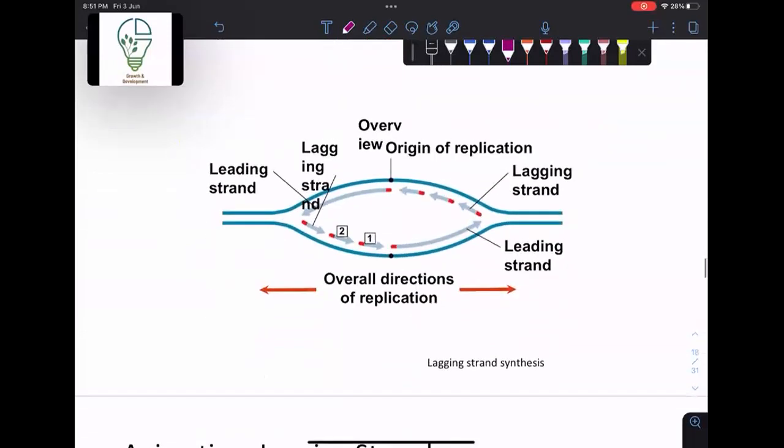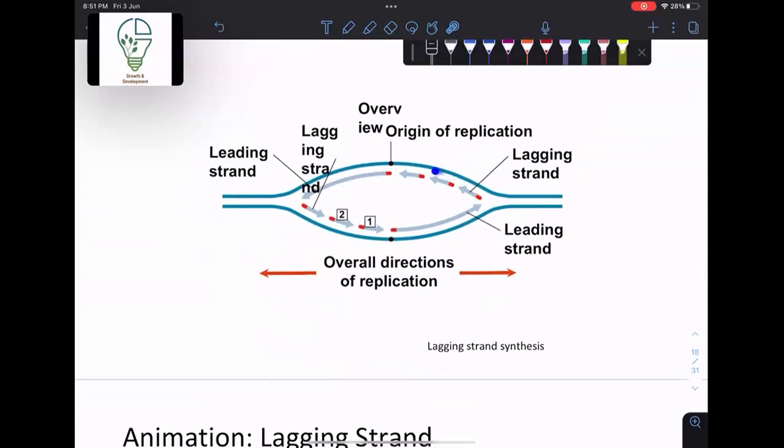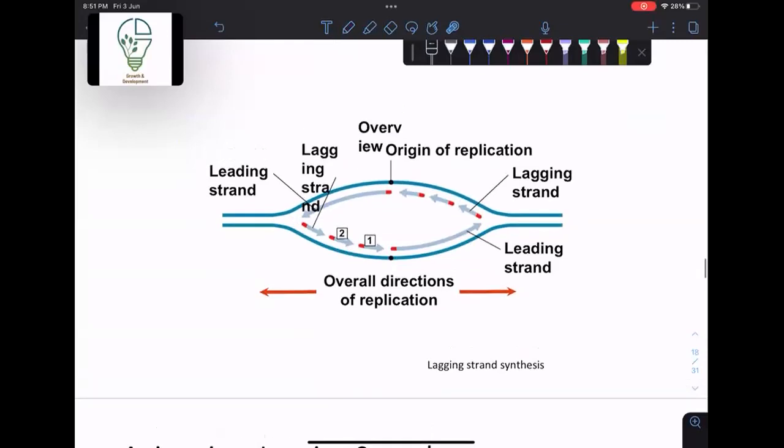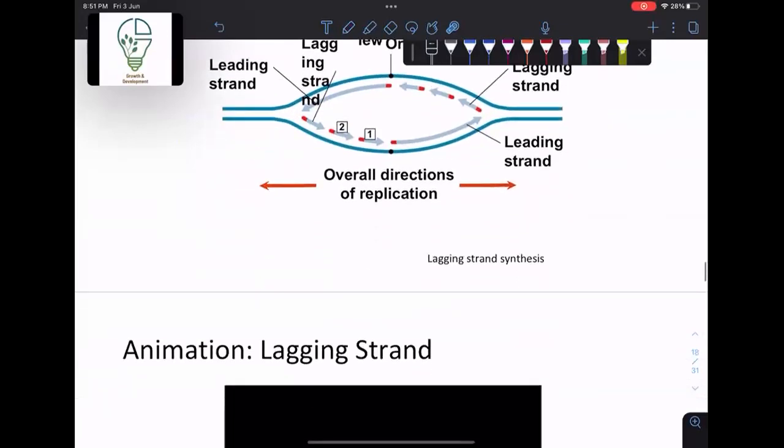All right, so this is what it looks like. This entire thing here is the bubble that I mentioned, the origin of replication, also known as the replication fork. It starts to uncoil in both directions. So your lagging strand is the new one that forms, and the leading strand is the older one.